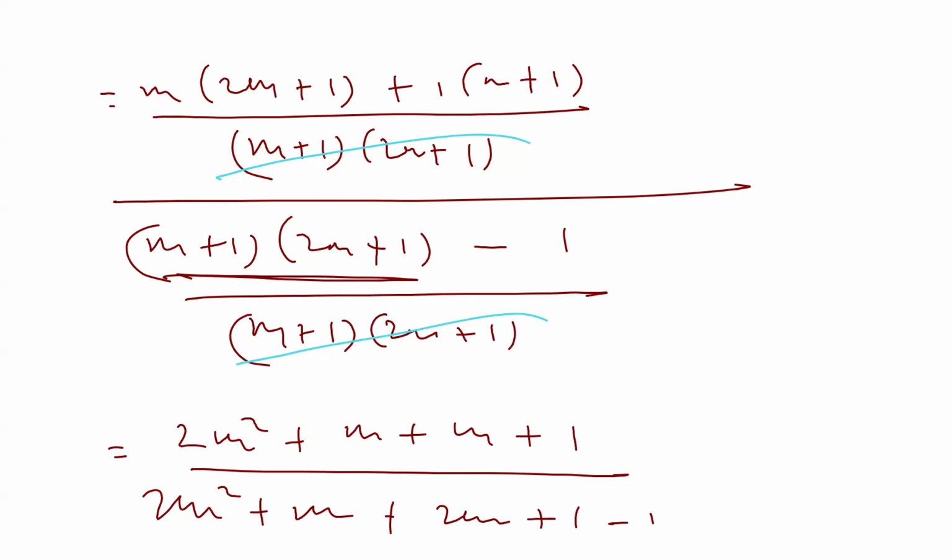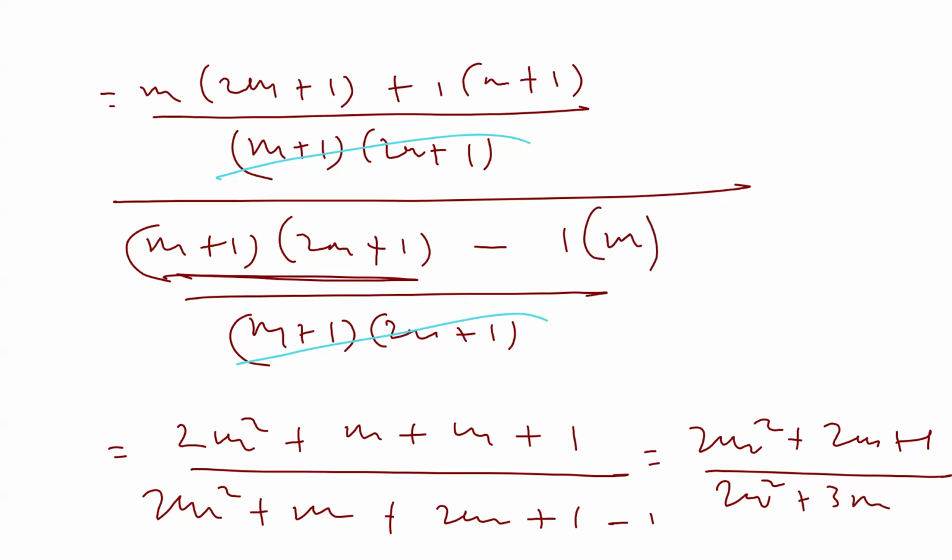Okay. So 2m square plus 2m plus 1 upon 2m square plus 3m. So basically this also should be m. I forgot to write one m over here. Okay.